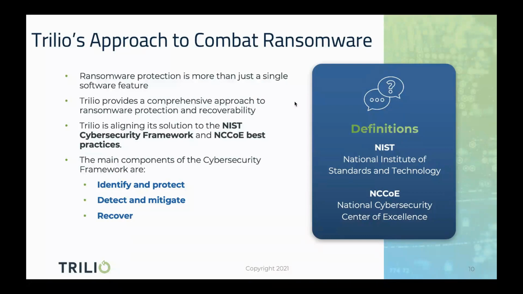And then our last one here, of course, would be recover. When you have those backups from identifying and protecting, you want to make sure that you can also recover your backups and trust that they are in fact clean backups that you are restoring. You also want to make sure that you have a disaster recovery plan to reduce any RTO in the event of a ransomware attack.